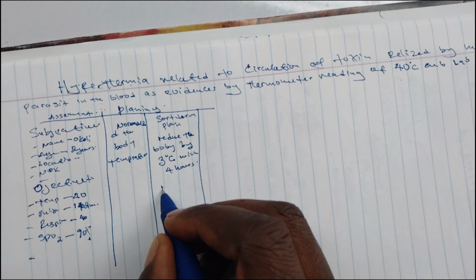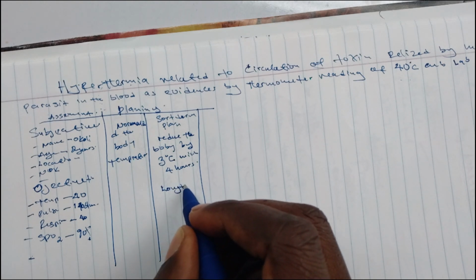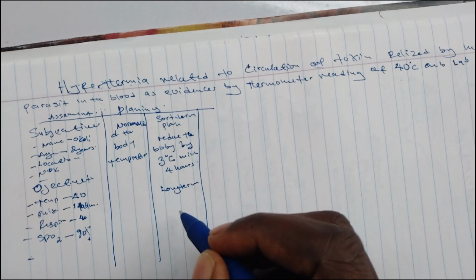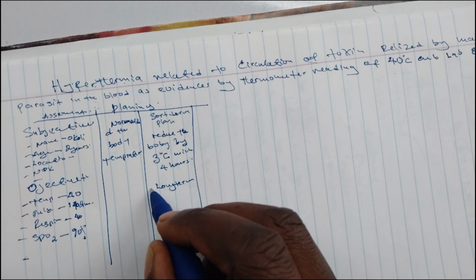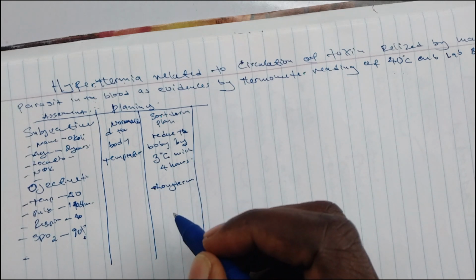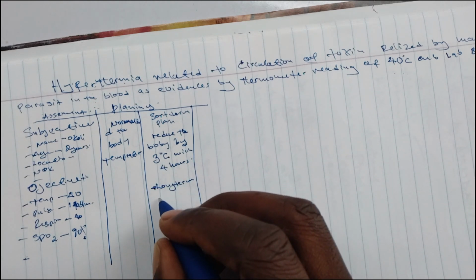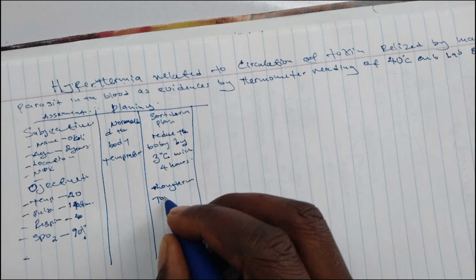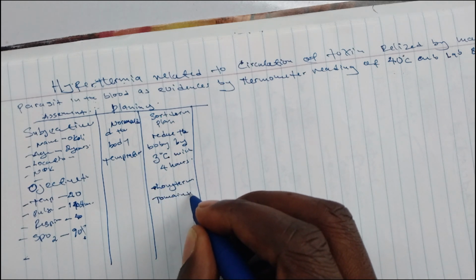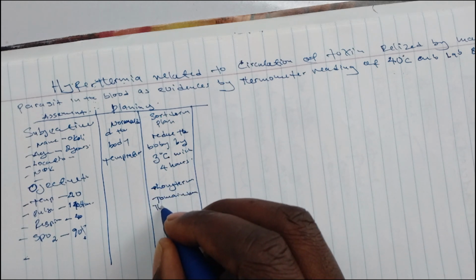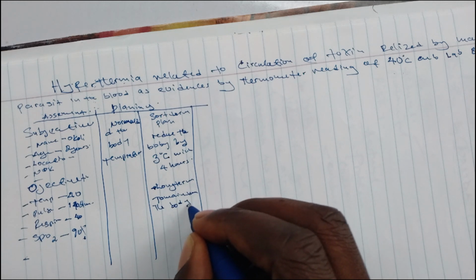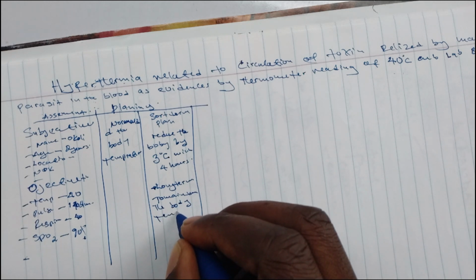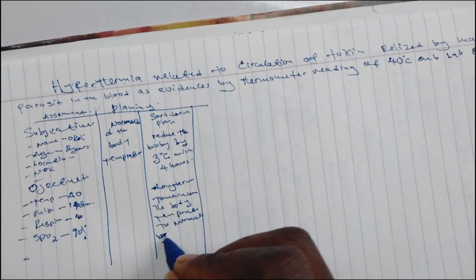And then we have long term. This is what we want to achieve in the long term: to maintain the body temperature at normal.